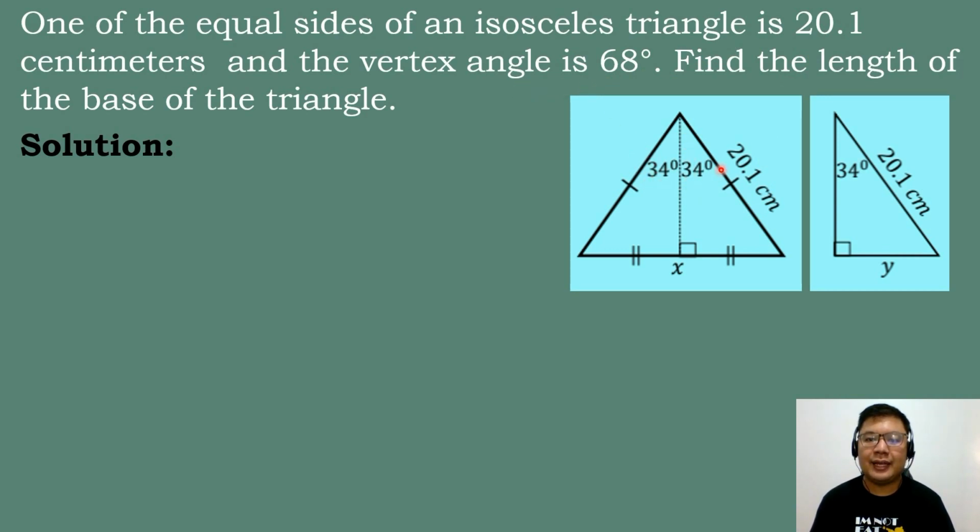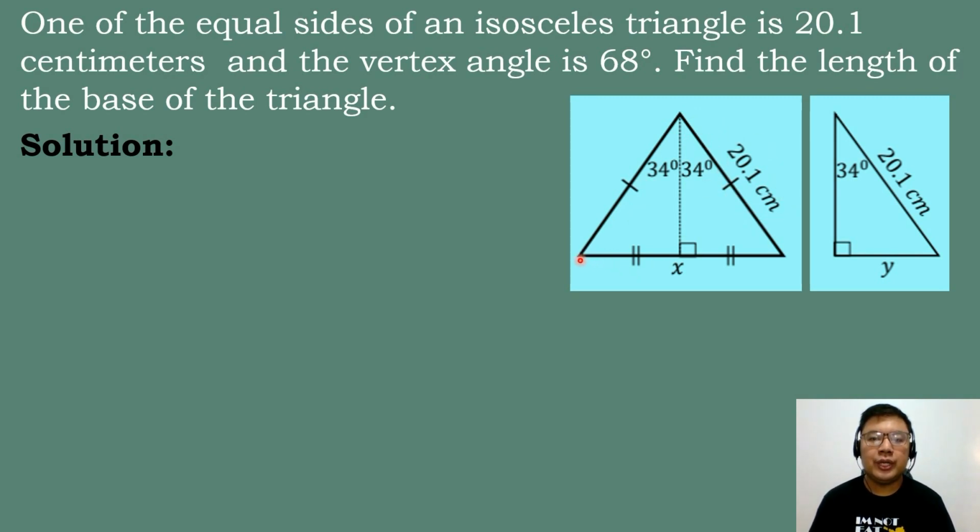So this angle is the vertex angle, which is equal to 68 degrees. And then the sides of the isosceles triangle are equal to 20.1 centimeters. So this side and this side are both equal to 20.1 centimeters.